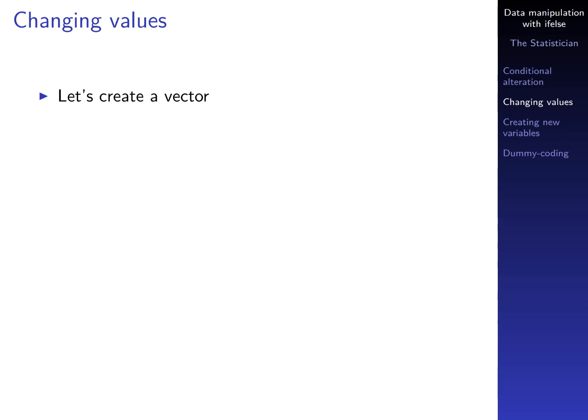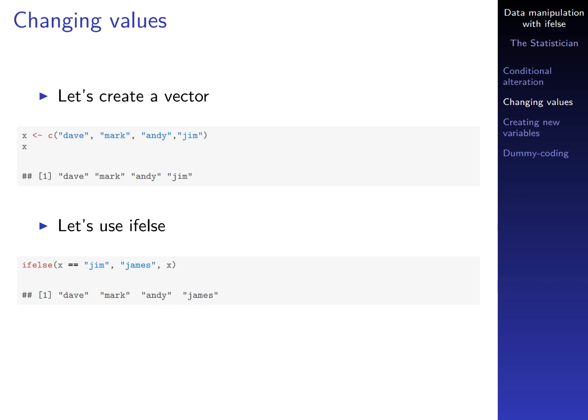Okay, let me show some examples. First, we create a vector. Here we have 4 values, and maybe we want Jim to be James. Inside ifelse, we first test if the value is equal to Jim, then change that value to James.